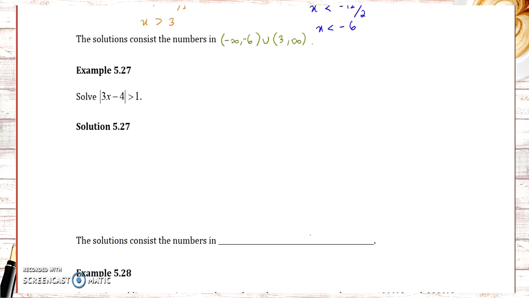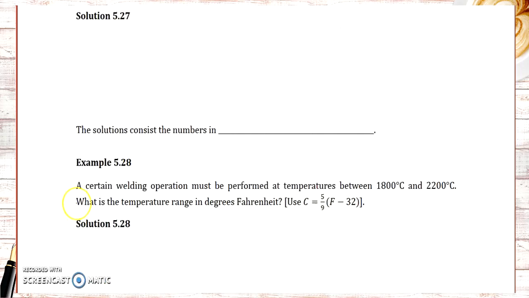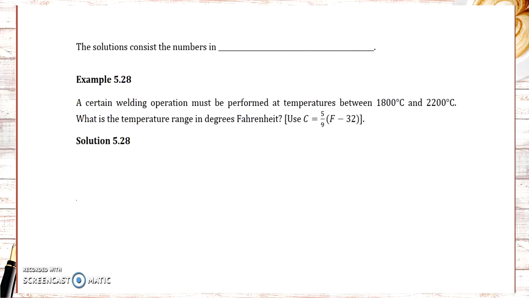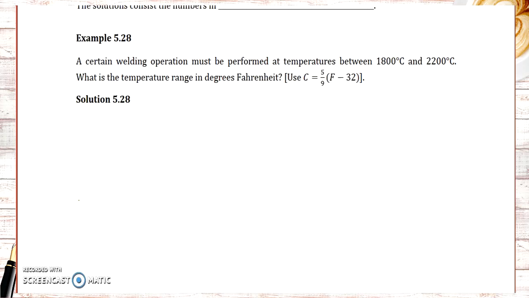For example 5.27, I would like you to try on your own and do this as your homework. Let's move to the last example in this chapter, example 5.28. We have a problem.